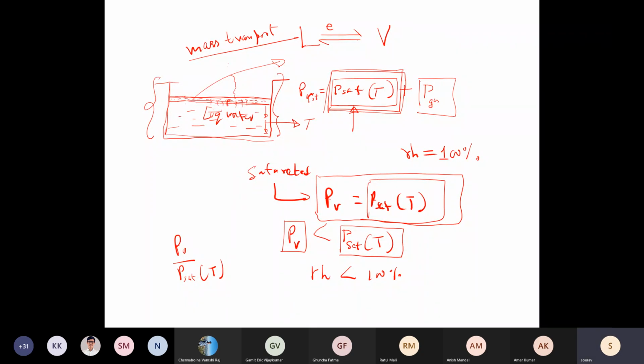Just because the atmospheric gases over there are different doesn't mean that you will not have evaporation there. Okay, the partial pressure of water vapor is completely dependent on the property of water. It has nothing to do with the property of air.